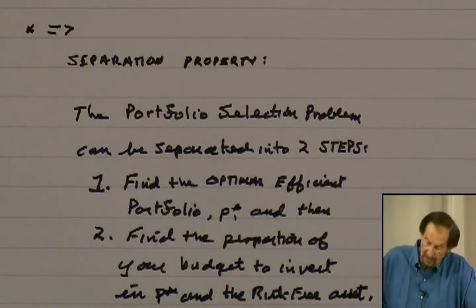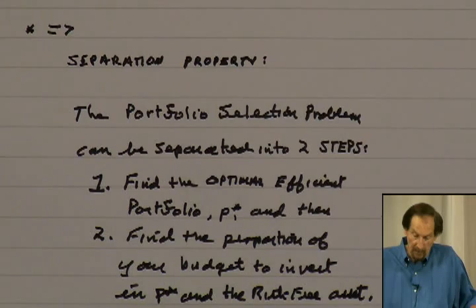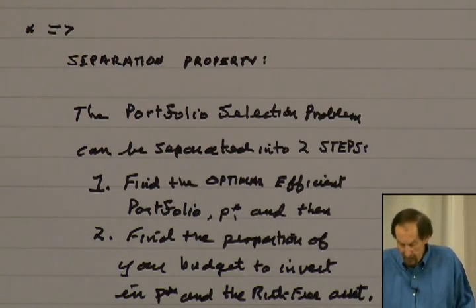Essentially, the proportion of your budget in P star is related to your degree of risk aversion. P star represents a risky portfolio. The risk-free asset, of course, is risk-free.